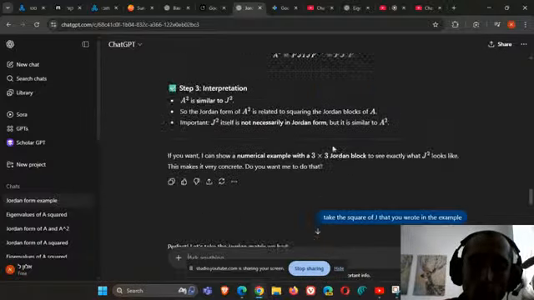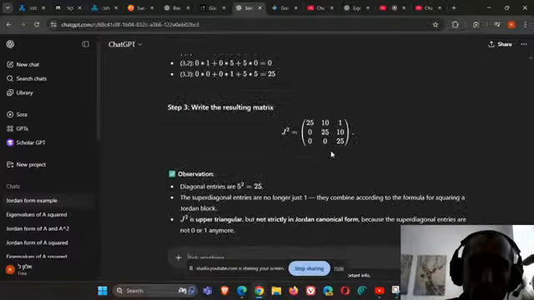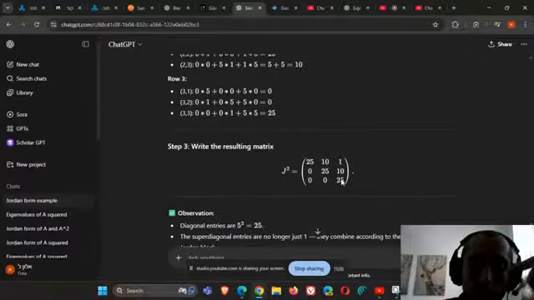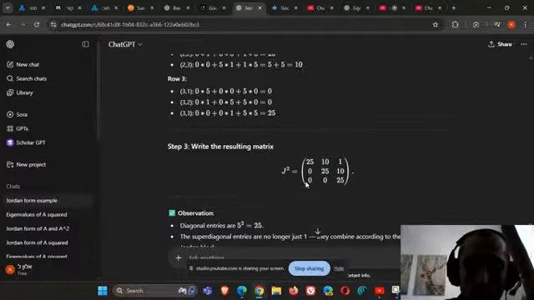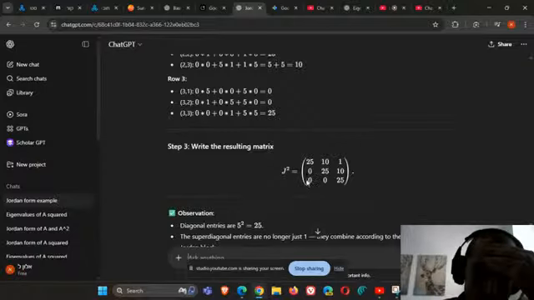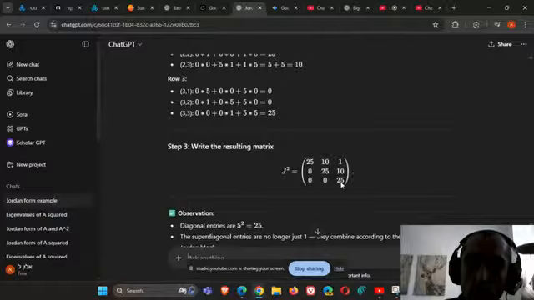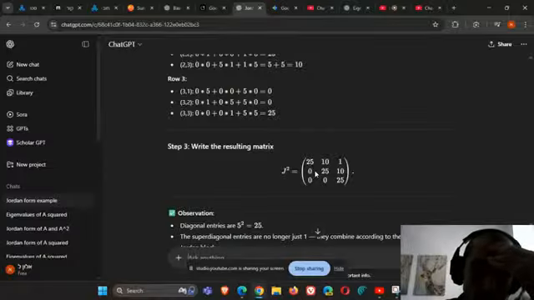Now when I look at the square, the diagonal is just squared and it stays an upper triangular matrix in this case. So the eigenvalues of J squared are 25, which are the squares of the eigenvalues of A. It's not a Jordan form anymore, but it's still a triangular matrix.